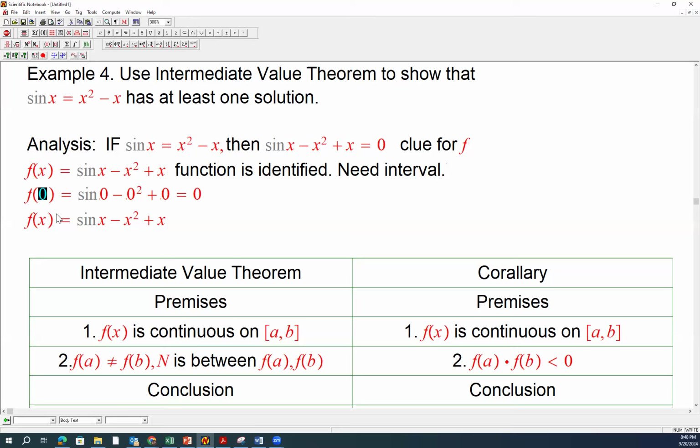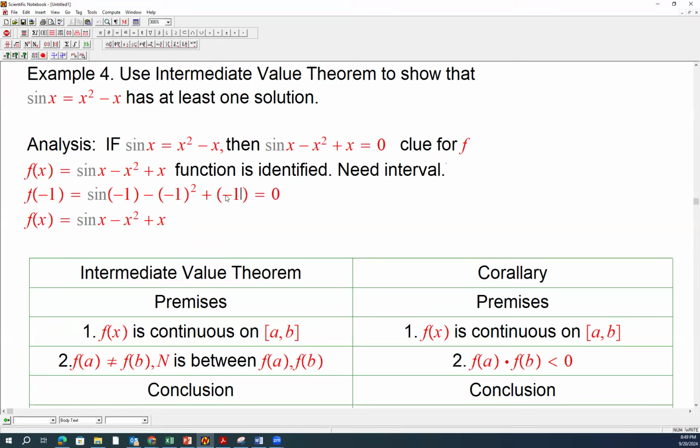So how about I choose -1? So over here is -1, and x is -1. Check if I have plugged in properly.